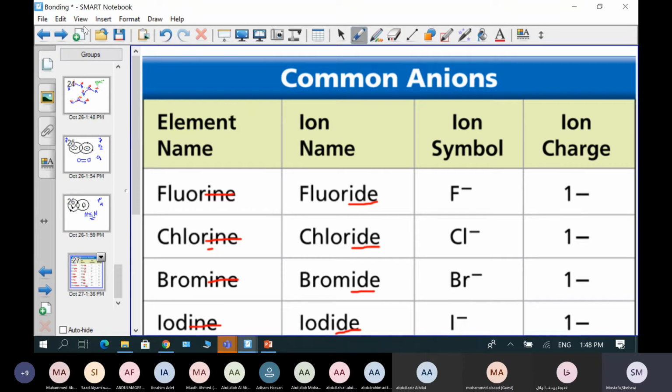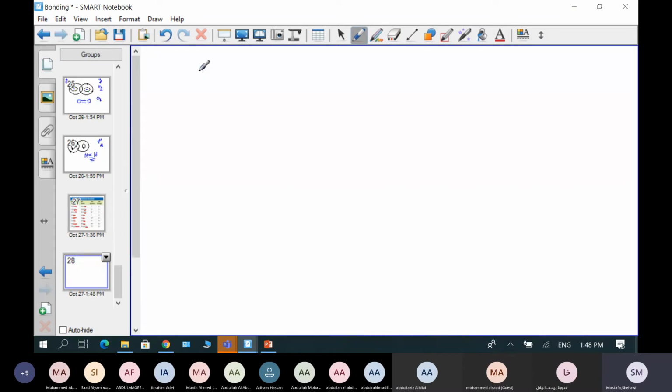Let's come here and add another page, and I'll start with two opposite processes. The first one, I'll give you the name, and then you write the formula. After this, I will give you the formula, and then you will write the name.